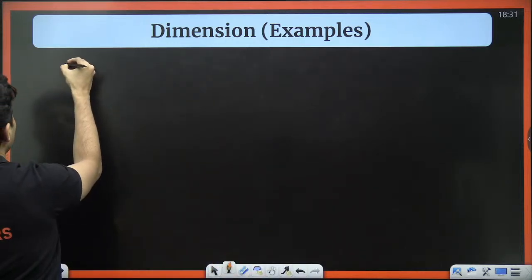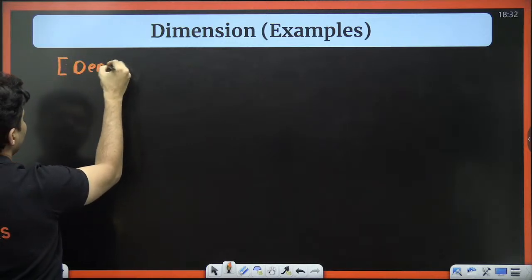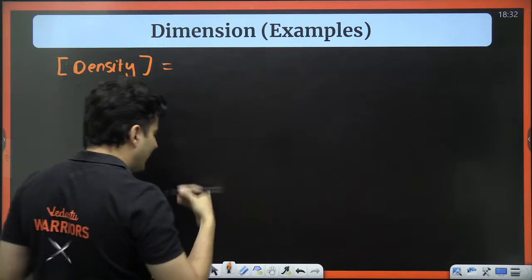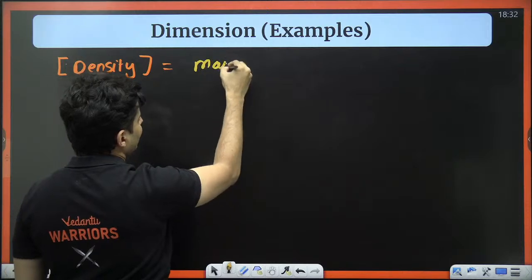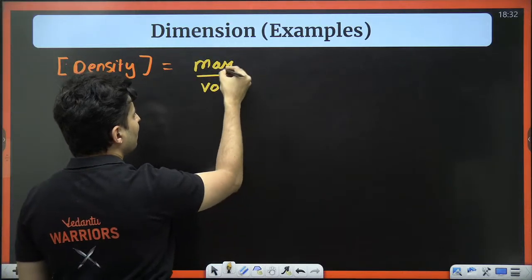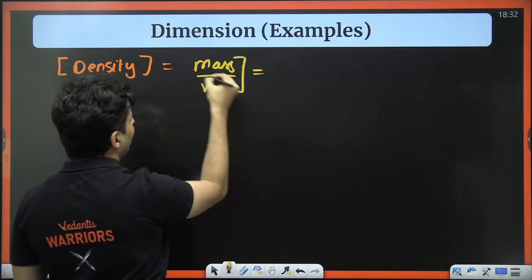Let's say I ask you the dimension of density. You will say, sir, density is mass by volume. But mass is fundamental, volume isn't. Try to convert it into fundamental.